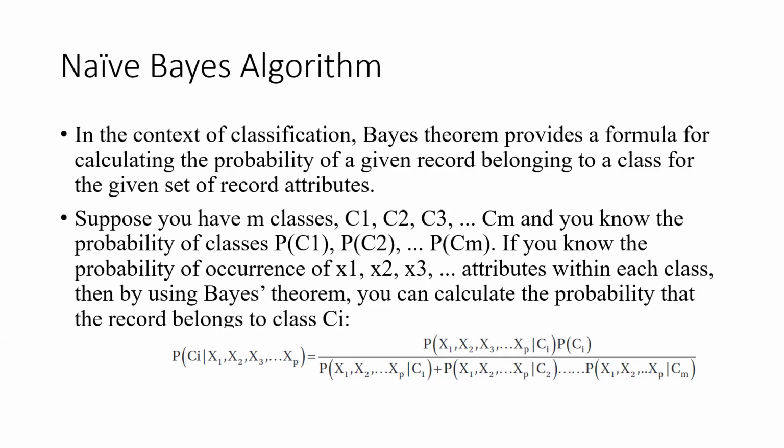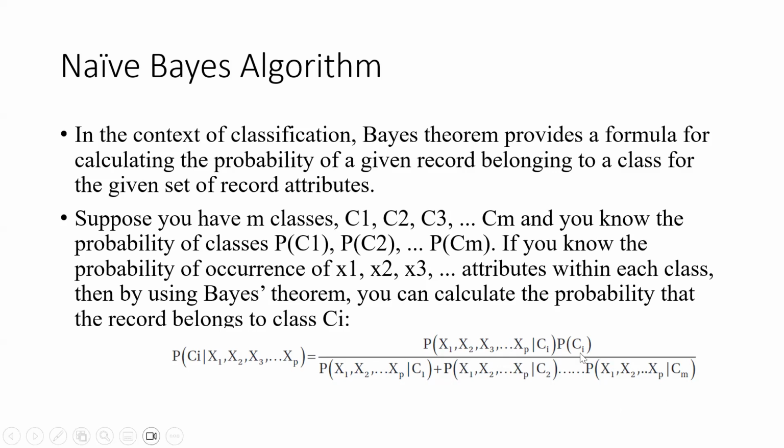With each class, there are attributes in those classes. Knowing these attributes, which is the known part, you can work to determine that this particular attribute belongs to this class.